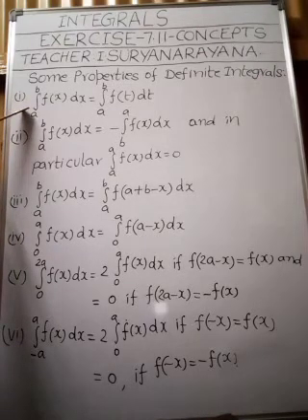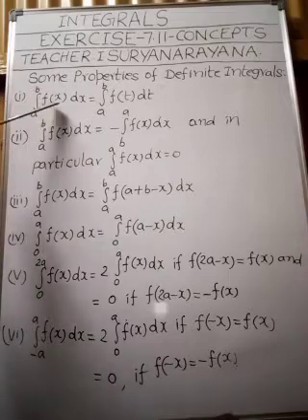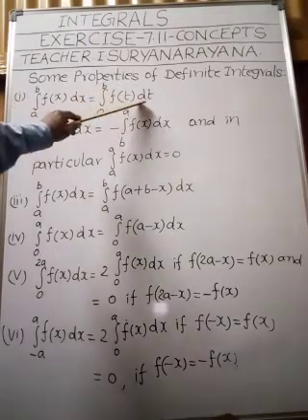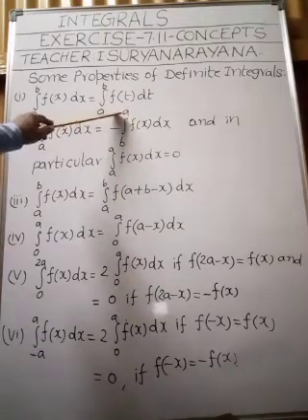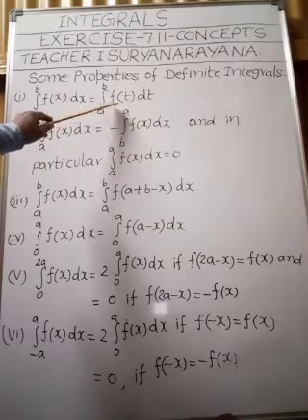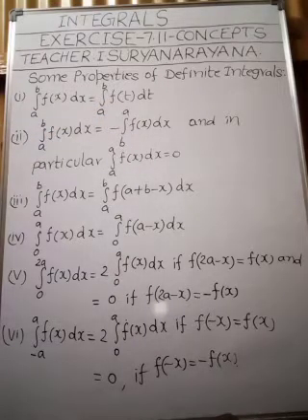See the first property: integral a to b f of x dx is equal to integral a to b f of t dt. This is the first property. This property was already used in exercise 7.10 in the substitution.